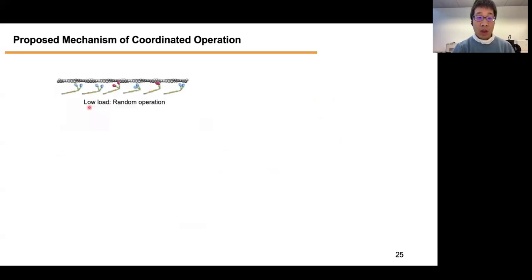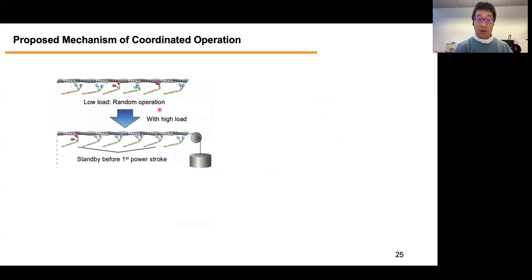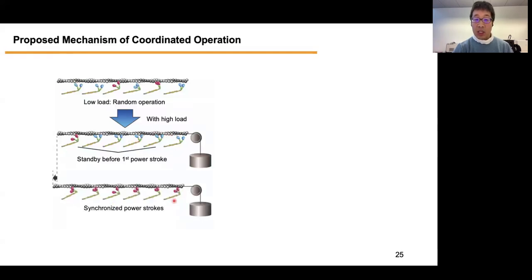So this is how it works. At low load, the myosins operate in a random way. But once high load is applied, many of the myosins stop at the standby state before the first power stroke, because now there is a positive strain, and under the positive strain, the rate constants for power strokes are very small. But once one myosin accidentally starts the power stroke, it causes a negative strain, and that leads to the acceleration of the other myosins.